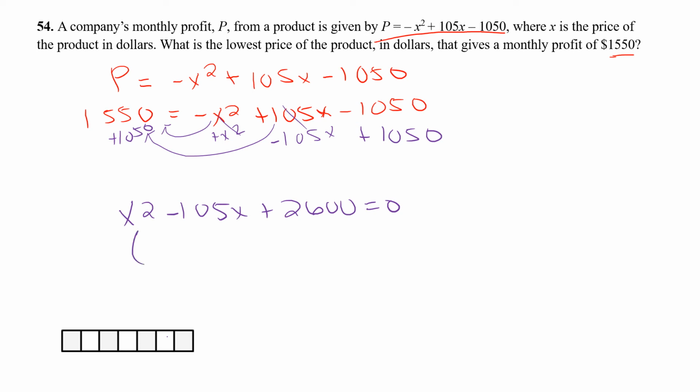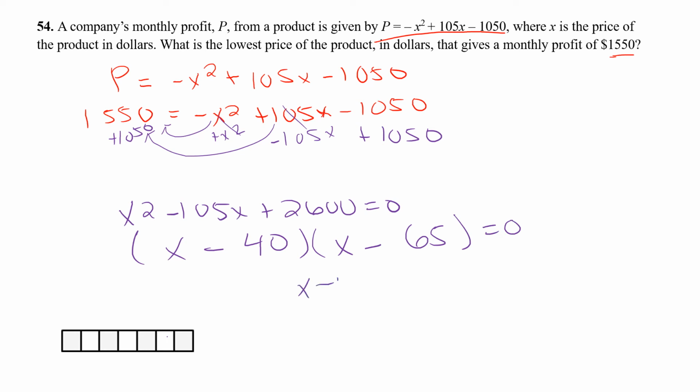I can solve this by factoring. Factors of 2600 that add to 105, 40 and 65. When I multiply them together, I want to be able to get a positive 2600, so they both would have to be negative, because I want negative 105. And then I just set each one of these equal to 0.